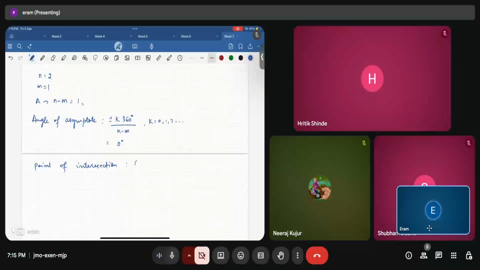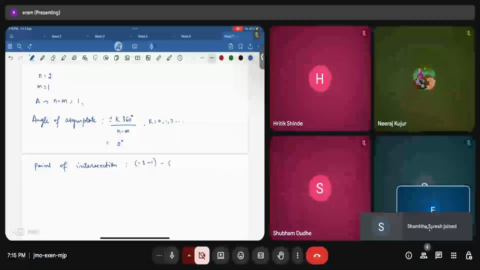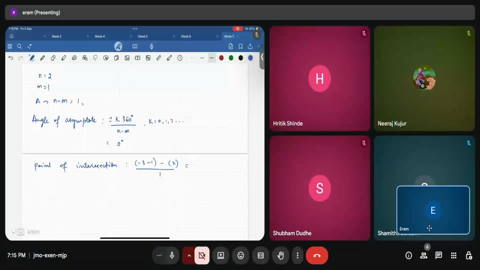So in this case we have minus 3 minus 1 and the zero is at 2, divided by 1. So it is that is minus 2.